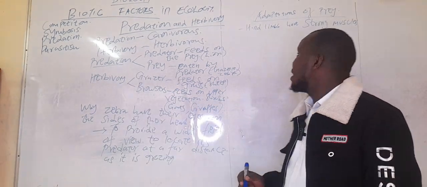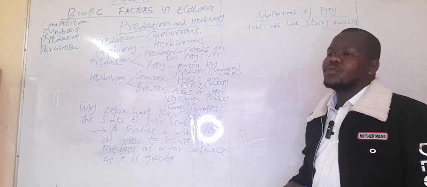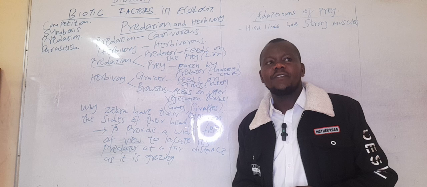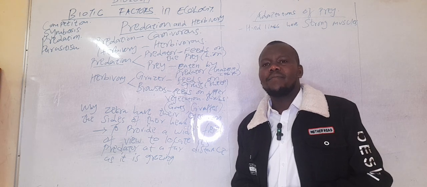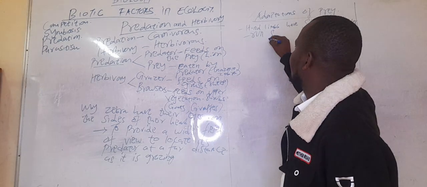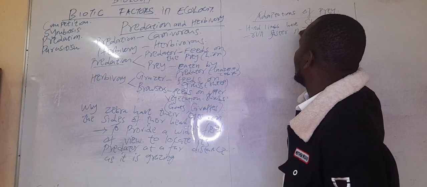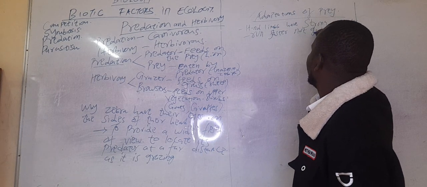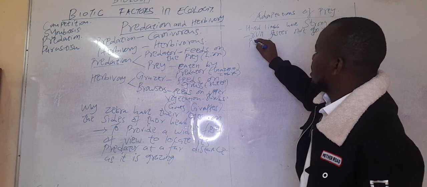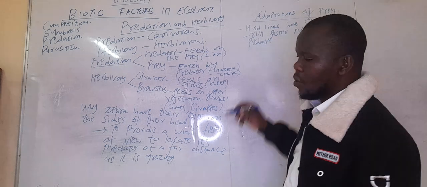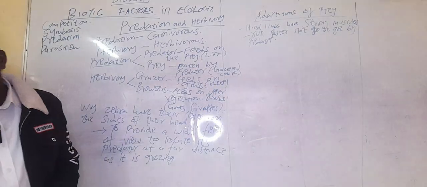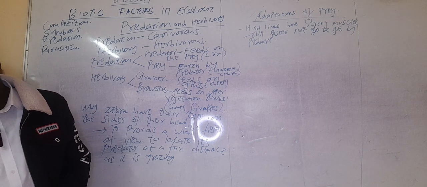The hind limbs are muscular so that the prey can run as fast as it can, not to be caught by the predator. That is number one. Number two, they are able to camouflage.